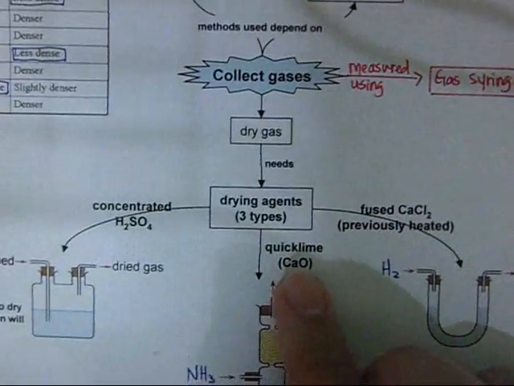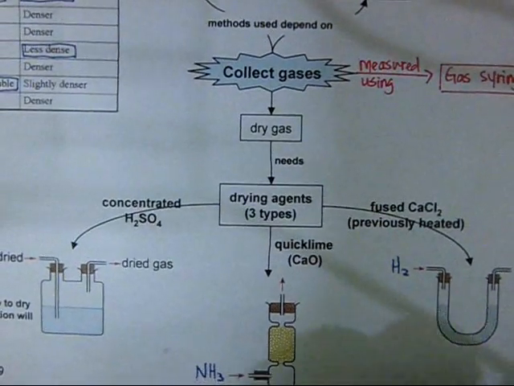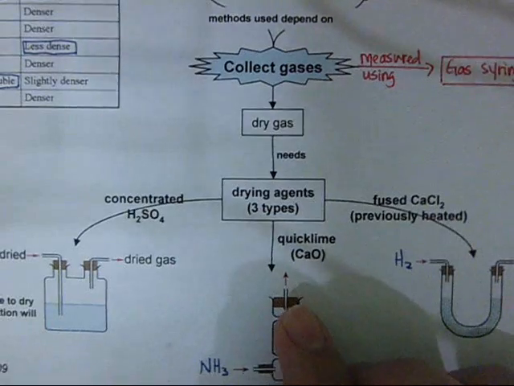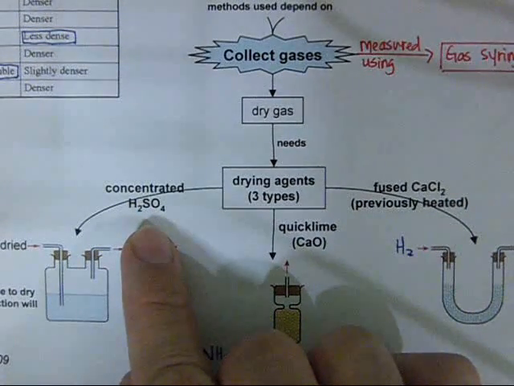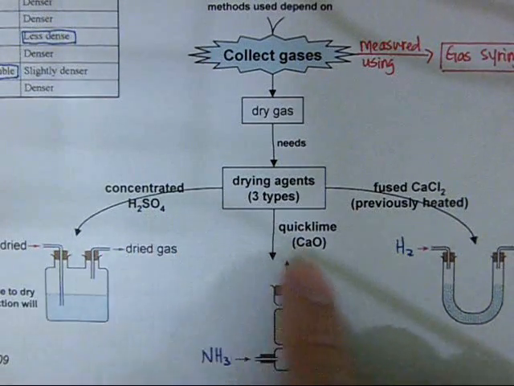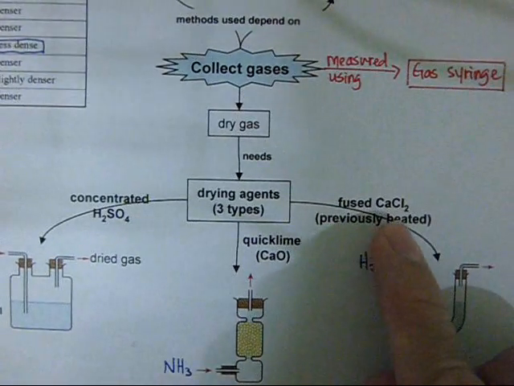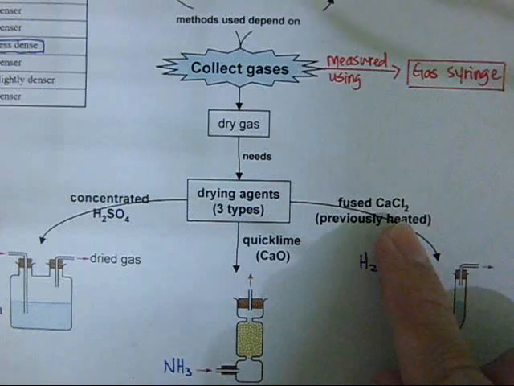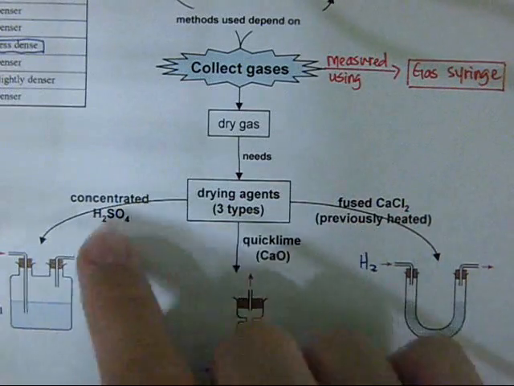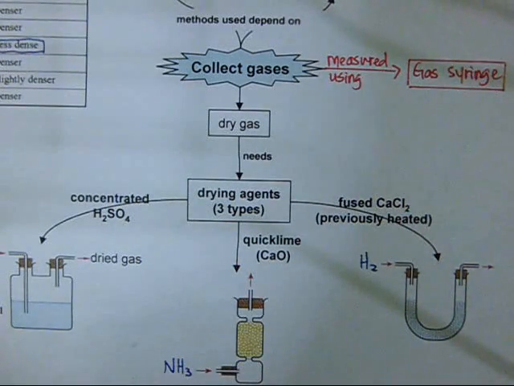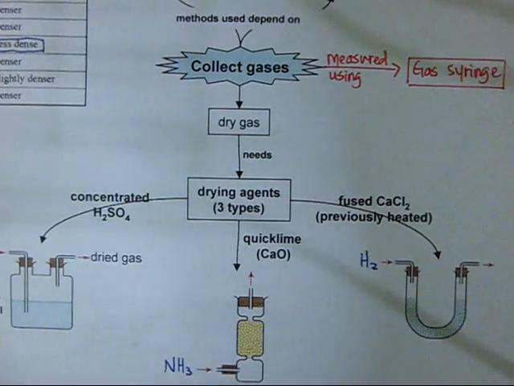And then the drying agents, the chemicals which are used to dry gases. Okay, 3 drying agents: concentrated sulfuric acid, quicklime or calcium oxide, and fused calcium chloride, or basically just calcium chloride. These are the 3 chemicals that can be used to dry gases.